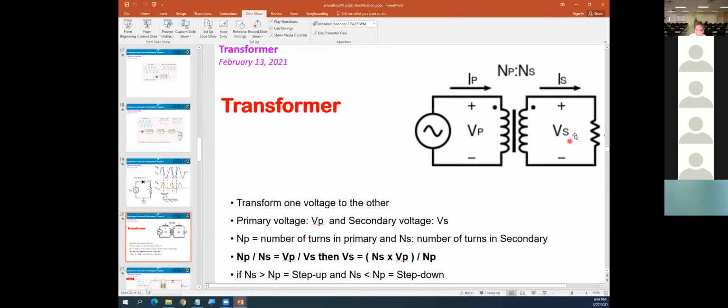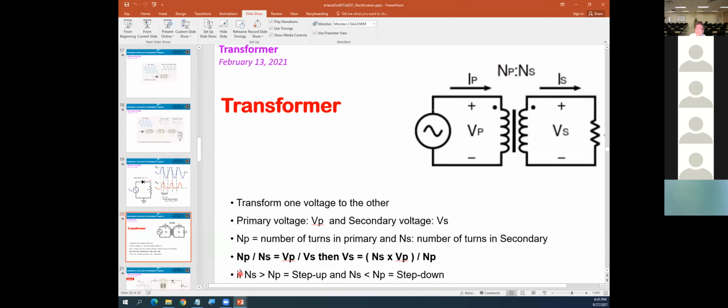On this side we call the secondary, VS. Okay, VP is the primary, VS is the secondary, and NP is the number of turns in the primary, and NS is the number of turns in the secondary.